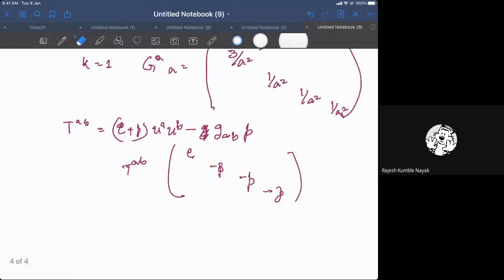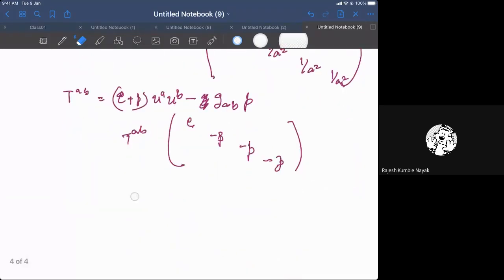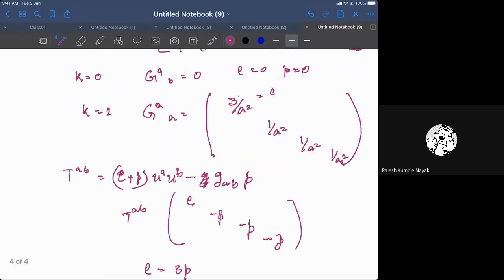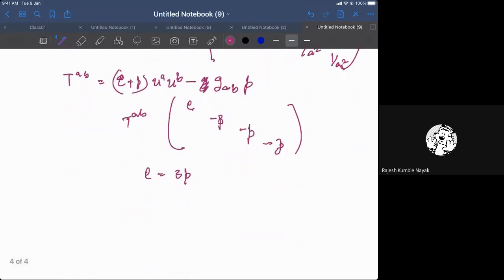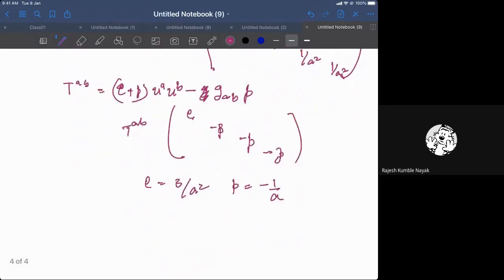So these two have to be equal. There is a solution which you can obtain. Rho is equal to 3P. No, rho is equal, what is that? Oh no, rho is equal to 1 by 3a squared, P is equal to minus 1 by a. This is a consistent solution.